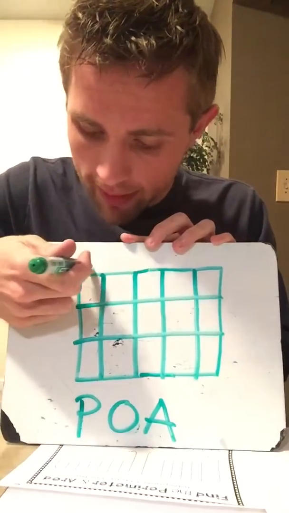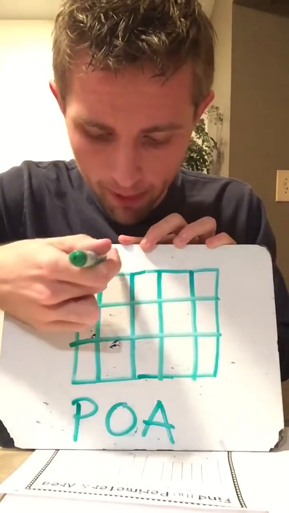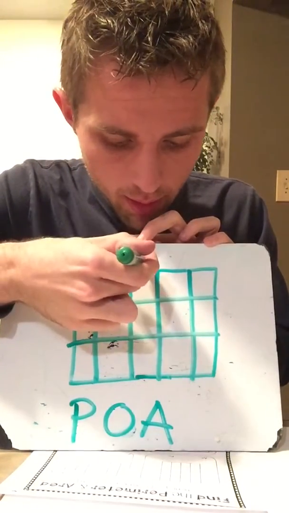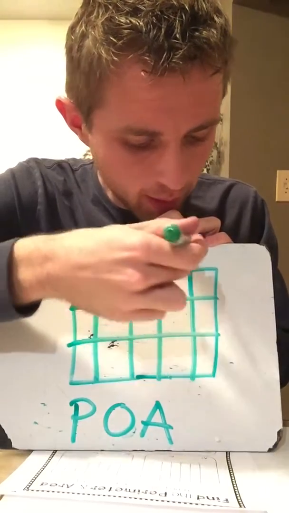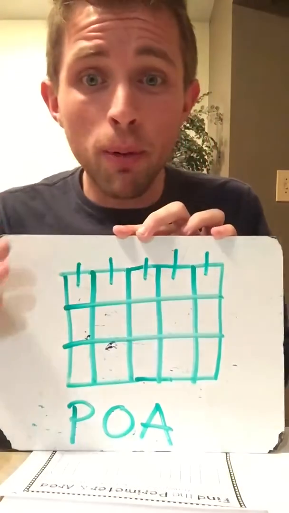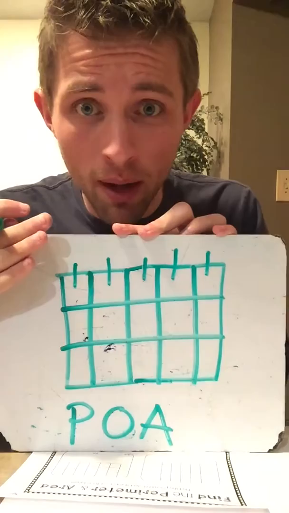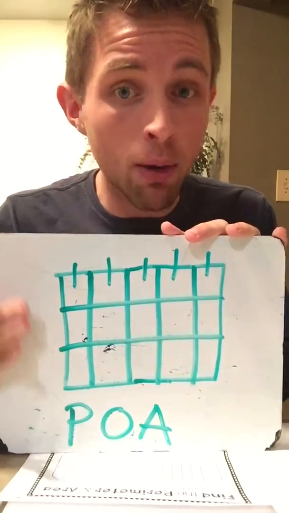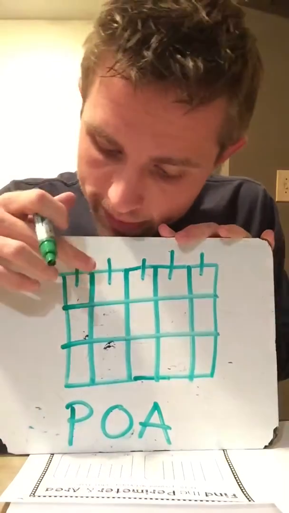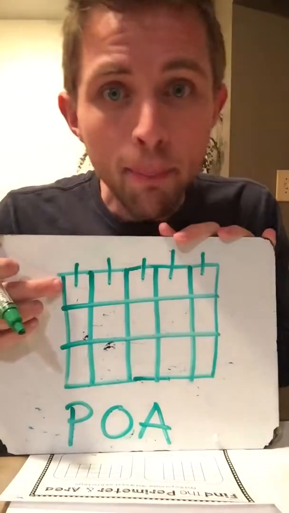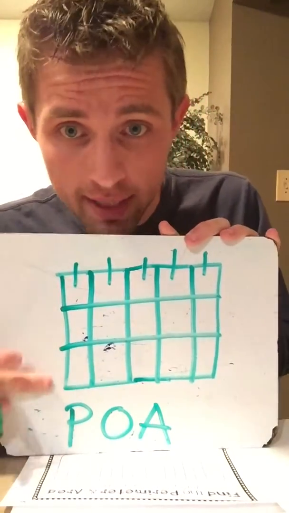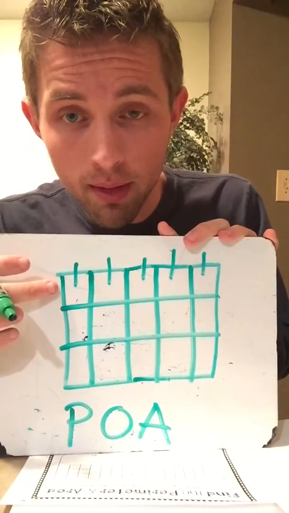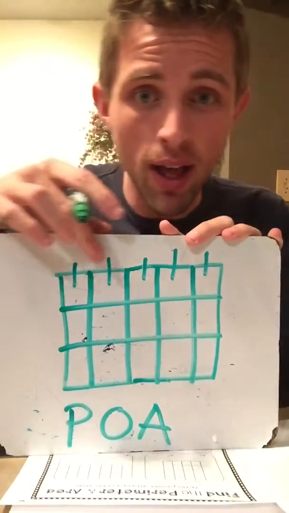And when we count the blocks on the outside, we go 1, 2, 3, 4, 5. And remember, we have to go all the way around, right? So we have 5 of its width, and then we have to go to the length. Now, when we go to the length, remember, you still have to count this block because the corner blocks are part of the length as well as the width.